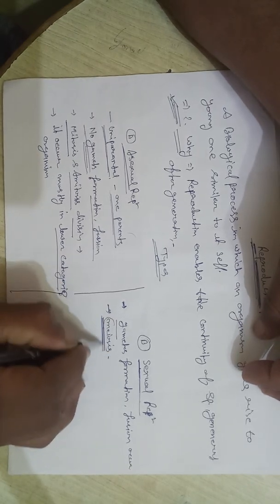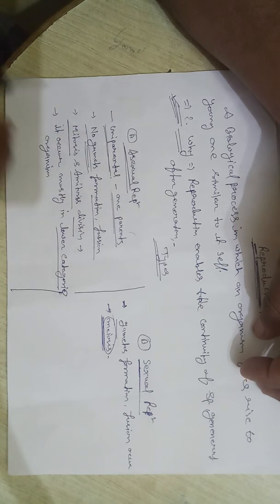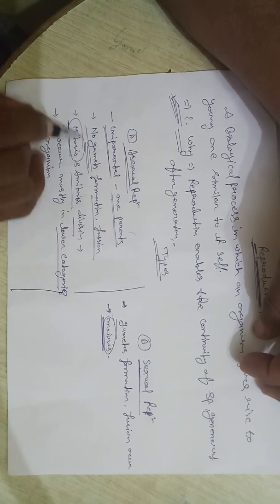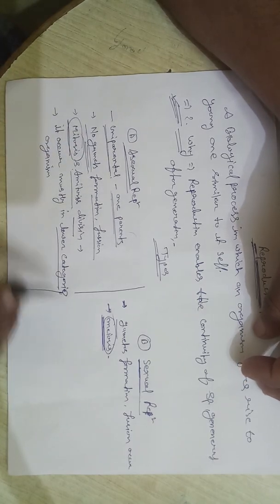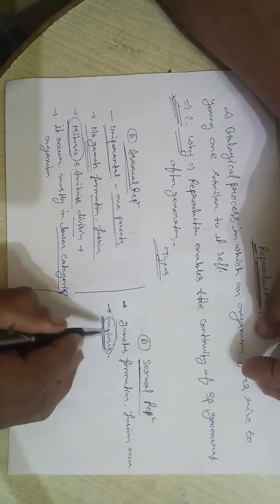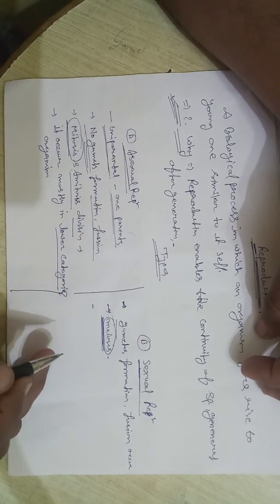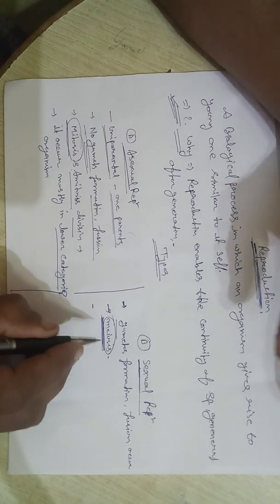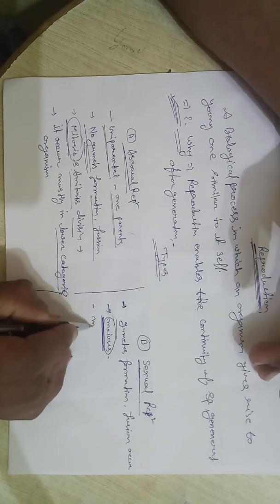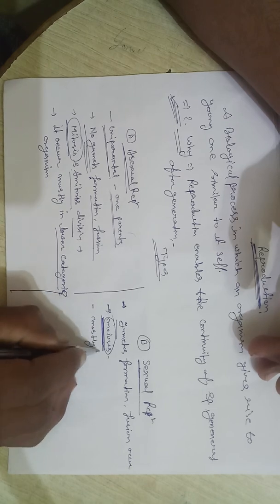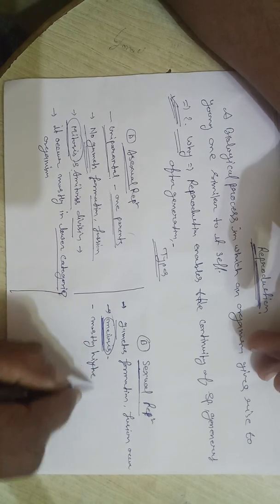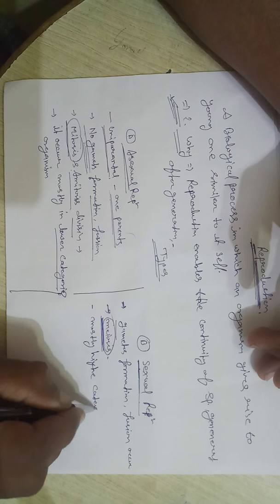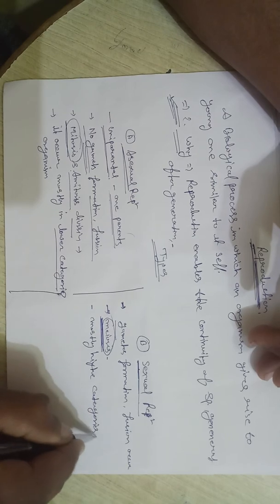In sexual reproduction meiosis occurs, and in asexual reproduction mitosis or maybe amitosis occurs. Okay, now sexual reproduction occurs mostly in the higher category organisms.